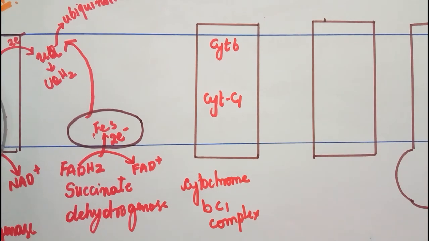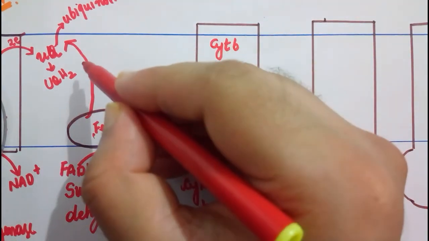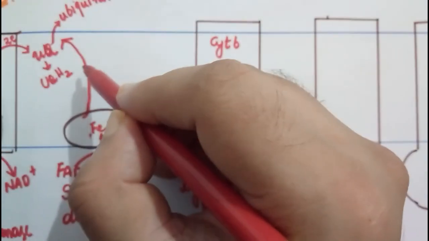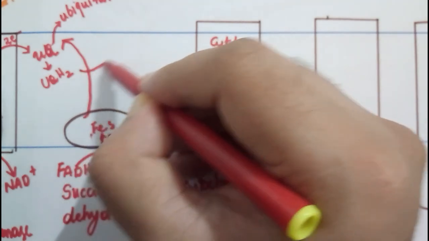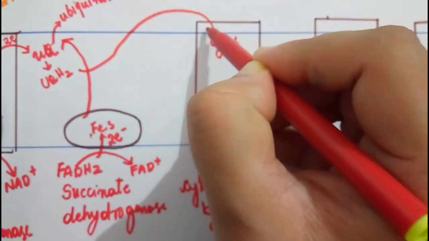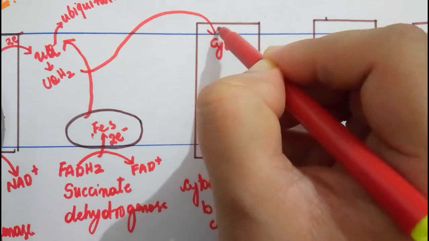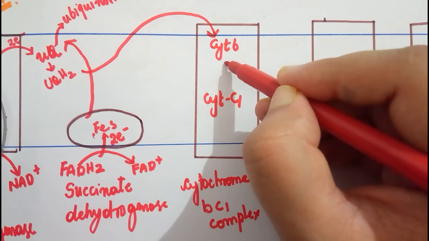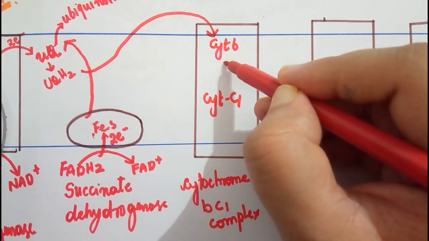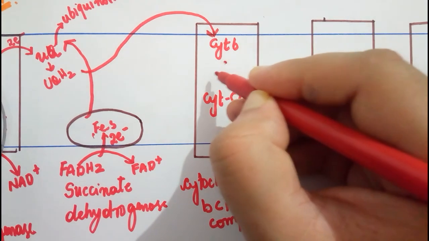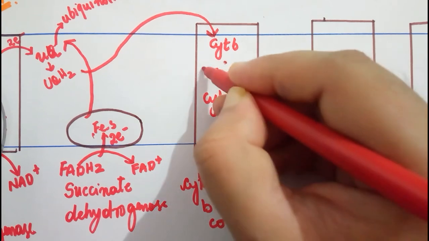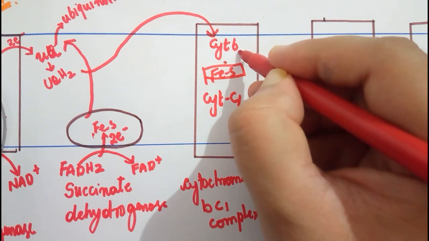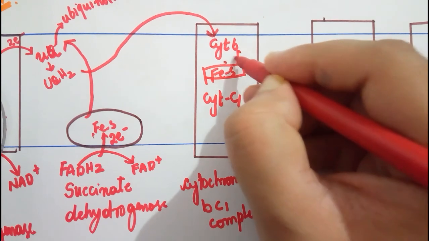Now the electrons from the reduced ubiquinone, or ubiquinol, are going to be transferred to complex 3. Who gets the electrons first? They are given to cytochrome B. Here also you have an iron sulfur center. From cytochrome B to cytochrome C1, the electrons are transported.